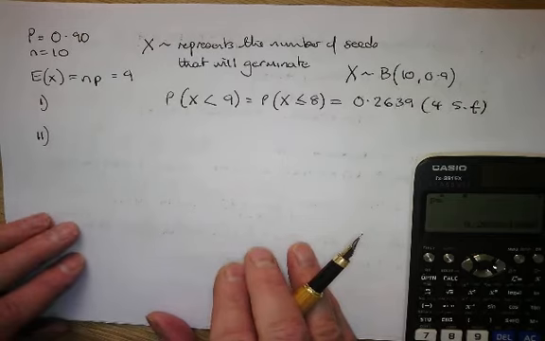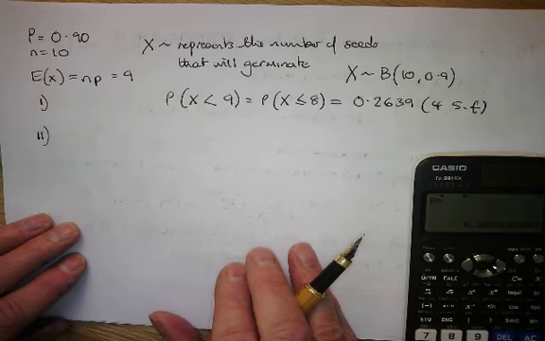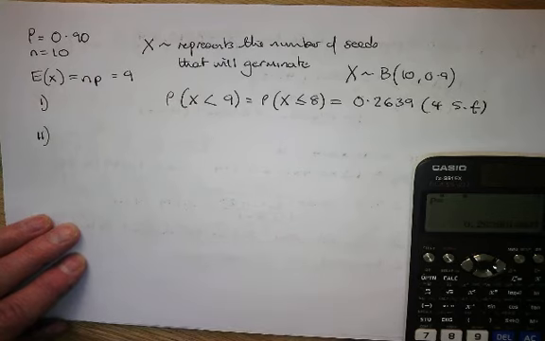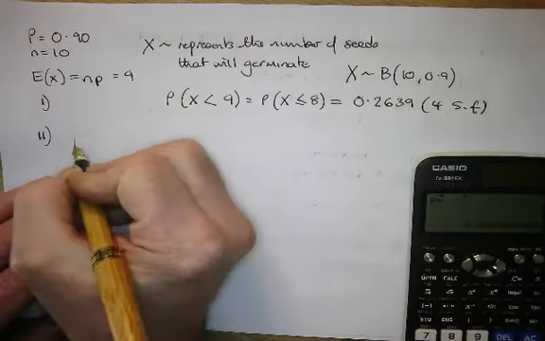So it has 20 trays, and find the probability that there are at least 19 trays in each of which at least 8 seeds germinate.